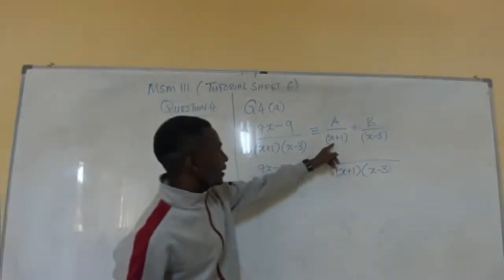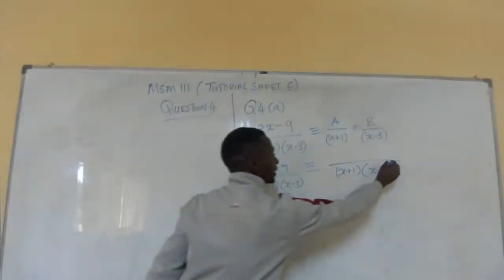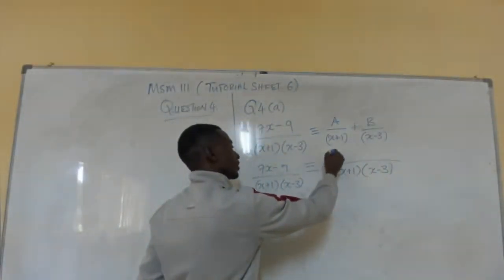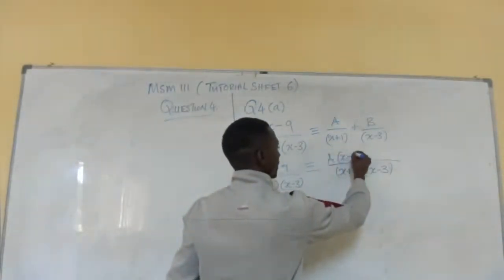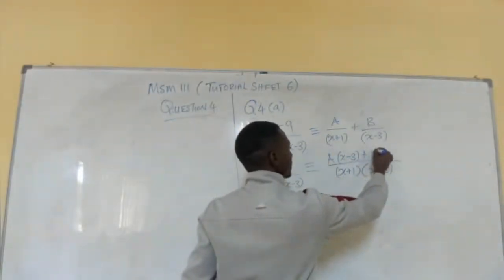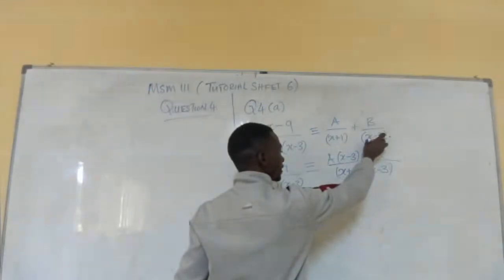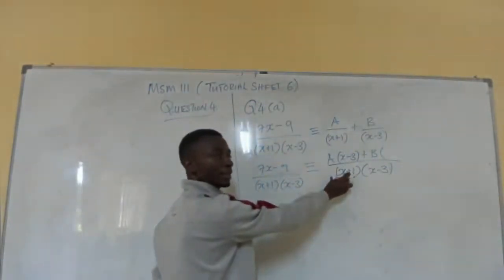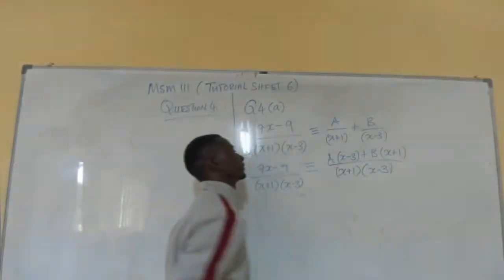Now x plus 1 cancels, you remain with x minus 3, so a multiplied by x minus 3, plus b multiplied by, if you cancel x minus 3, you remain with x plus 1. So you say x plus 1.